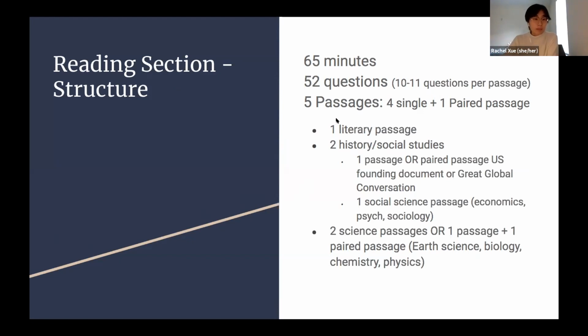Within those 5 passages, the subjects are 1 literary passage, 2 history and social sciences, and 2 science passages. For those of you who have taken the SAT before, this is probably a review, but it's good to know what you're going into.